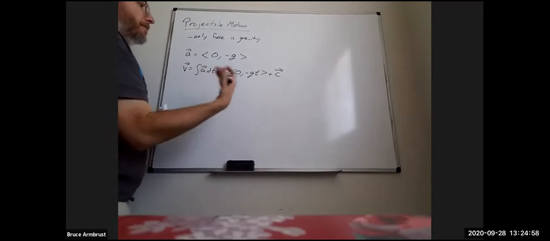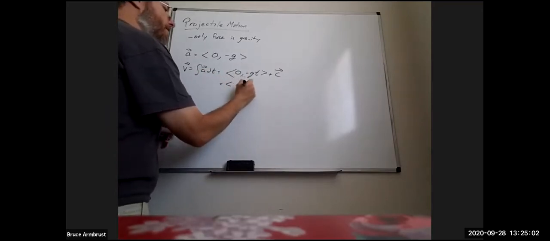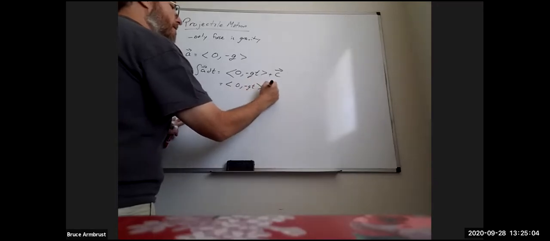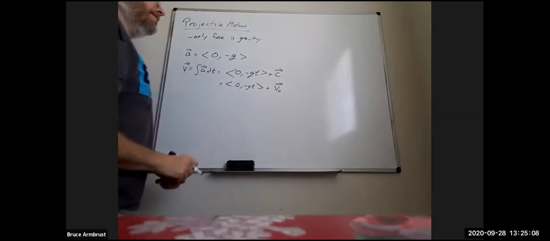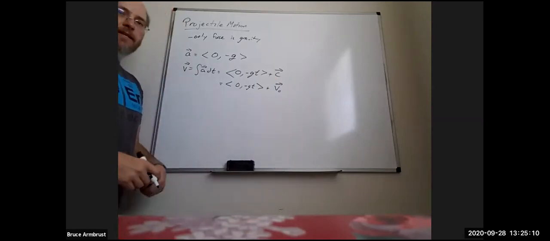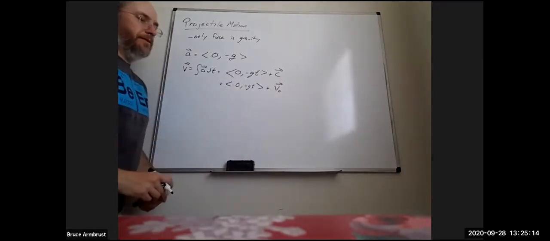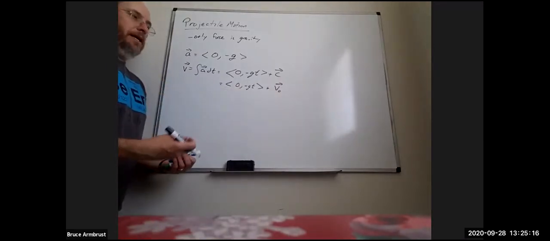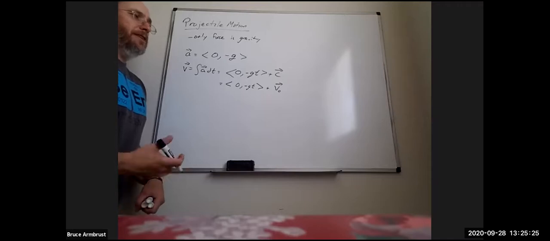And for this, what I'm going to call that constant vector is v naught. So that's going to be the initial velocity. The little sub-zero is just a way of describing it as beginning, right? We say naught, N-A-U-G-H-T. V naught or v sub 0. So that's going to be our initial velocity.